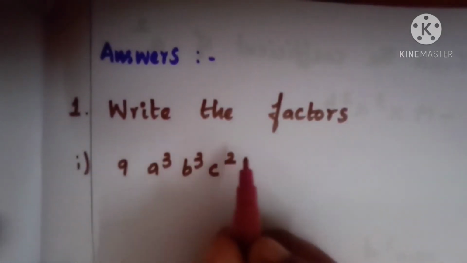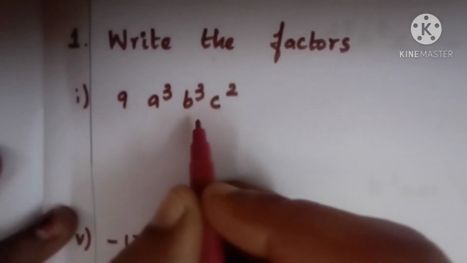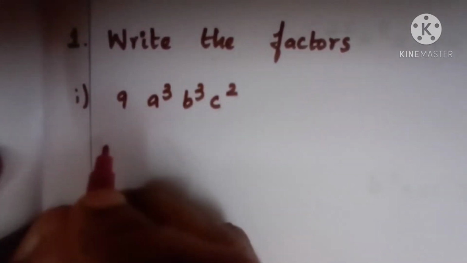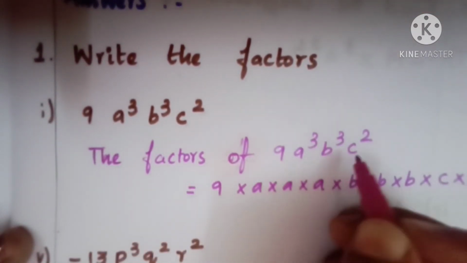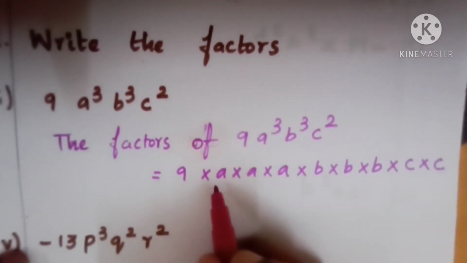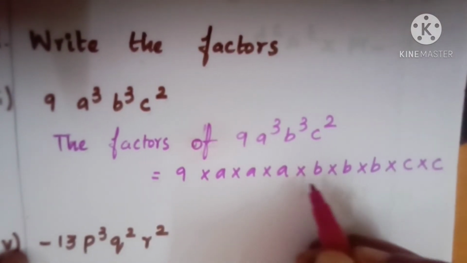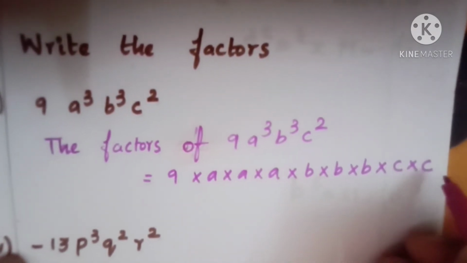First sum. Write the factors. 9a cube b cube c square. The factors of 9a cube b cube c square is equal to 9 into a into a into a into b into b into b into c into c.